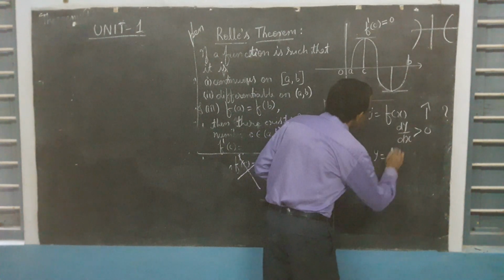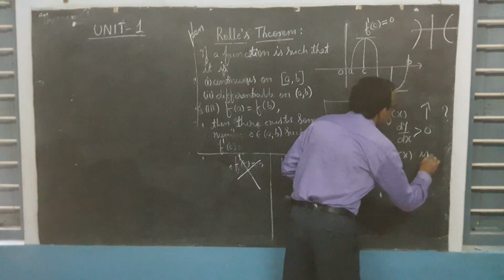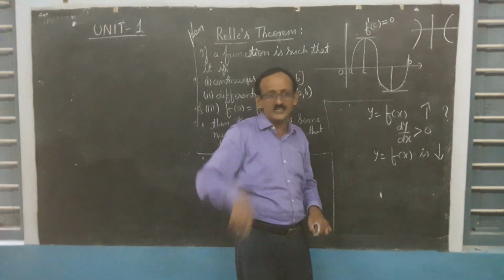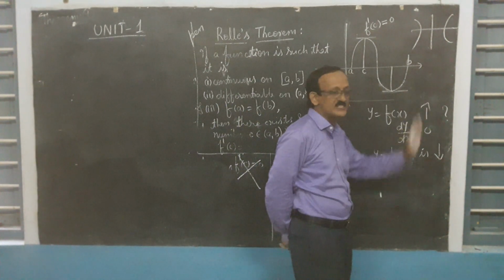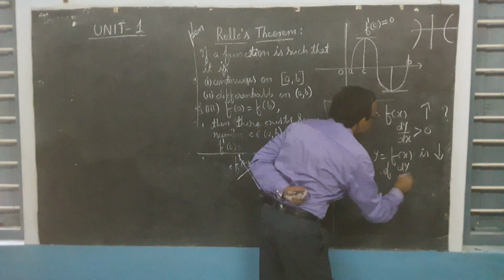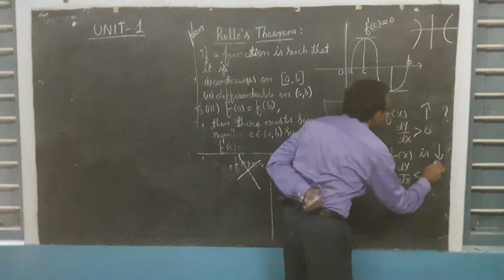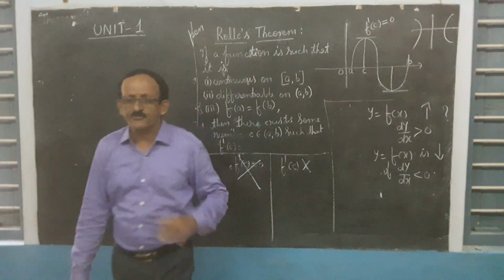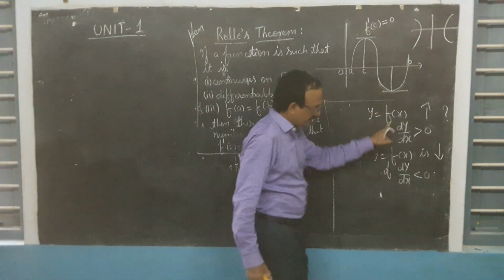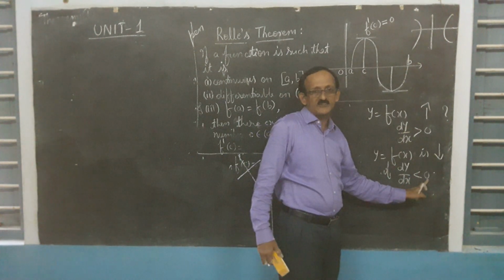A function is decreasing if the dy by dx value is negative. An upward arrow for increasing, a downward arrow for decreasing. Derivative positive for increasing, derivative negative for decreasing.